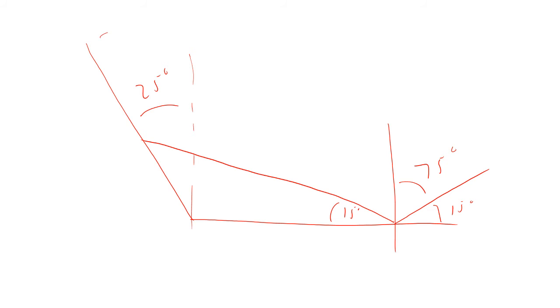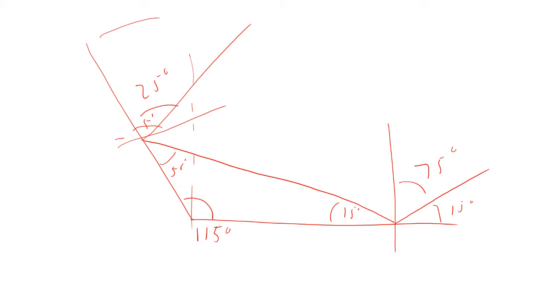Since this is a 25-degree angle there, that means this angle there is 115 degrees. Okay. Knowing how triangles work, the sum of the angles all have to add up to 180 degrees. That makes this 50 degrees. So that makes this 50 degrees.